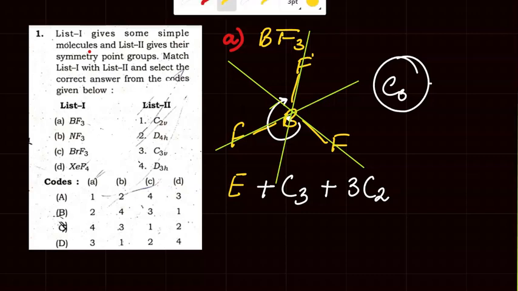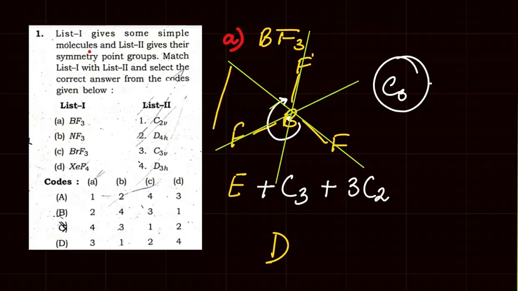Since C2 axes perpendicular to the C3 principal axis are present, the point group will be D. Along with that, now we will find out the planes of symmetry. Here we have one horizontal plane of symmetry, along with three vertical planes of symmetry. How do we decide which is vertical and which is horizontal? For that we need the principal axis of symmetry.